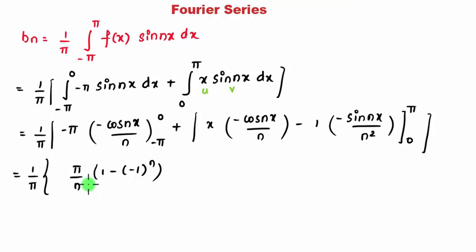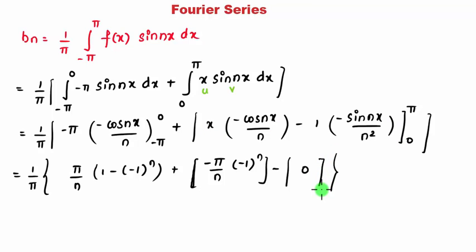So this is my first term, plus when you put upper limit here, that comes minus pi by n, cos n pi is minus 1 raised to n, minus and minus become plus, and anyway sin n pi will be 0. So that's my first limit, minus putting lower limit, this comes 0 and here comes 0, so that will be nothing but 0.